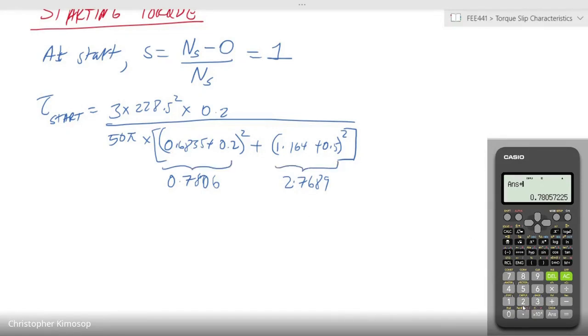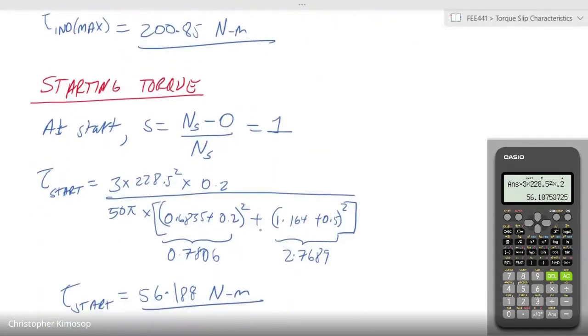Now add those up: 0.7689, times 50 times pi, invert it, times 3 times 228.5 squared times 0.2, and that gives us the starting torque of roughly 56.188 Newton meters, right?